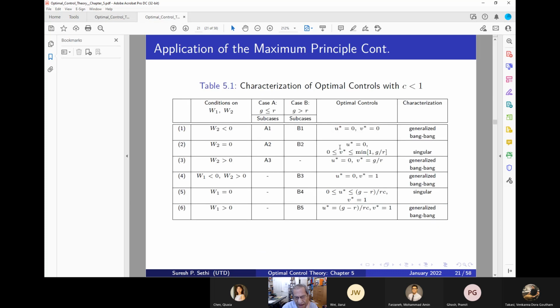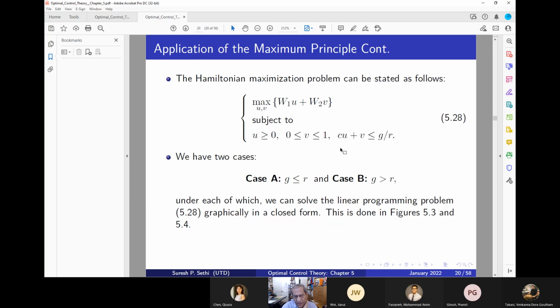So here's what happens. When we have a linear problem, and if there's only one control variable, we have a bang solution. But if there are more than one control variable, then... I know, what do you mean by a bang solution? So let me just, it's kind of a linear programming problem.